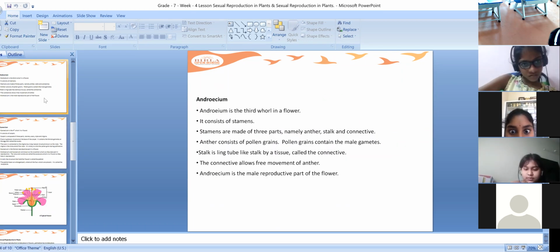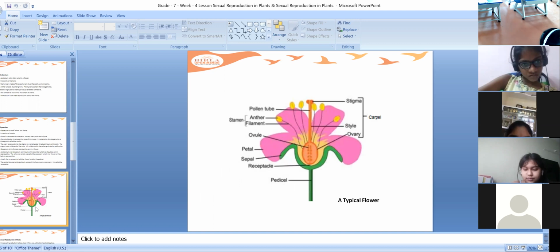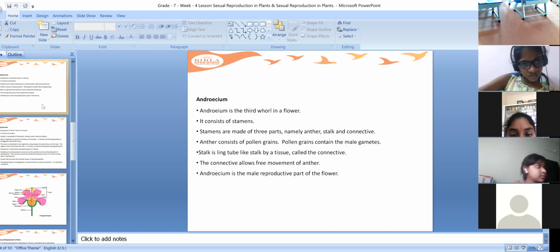Okay, and now coming to stalk. The stalk is a tube-like structure lined by a tissue called the connective tissue. You can see the stalk here.